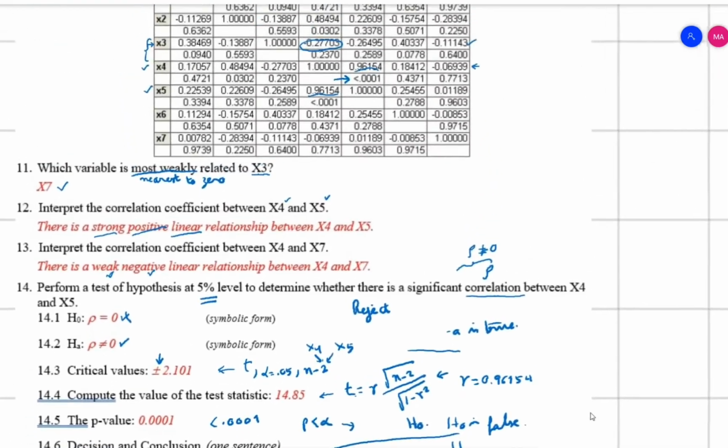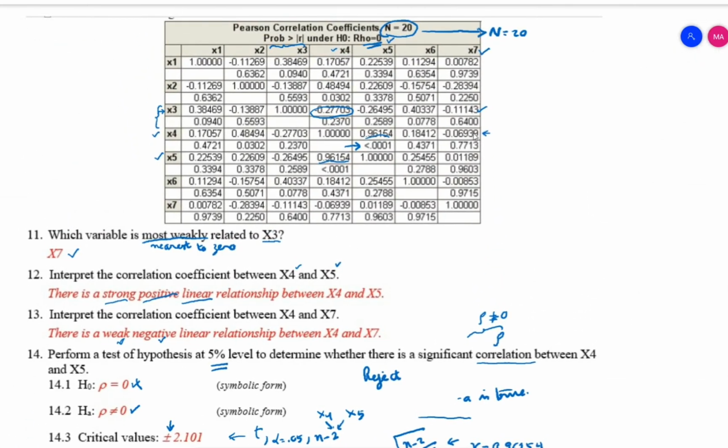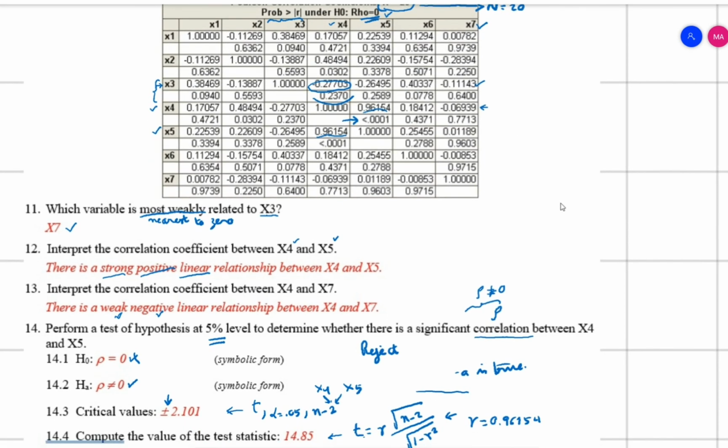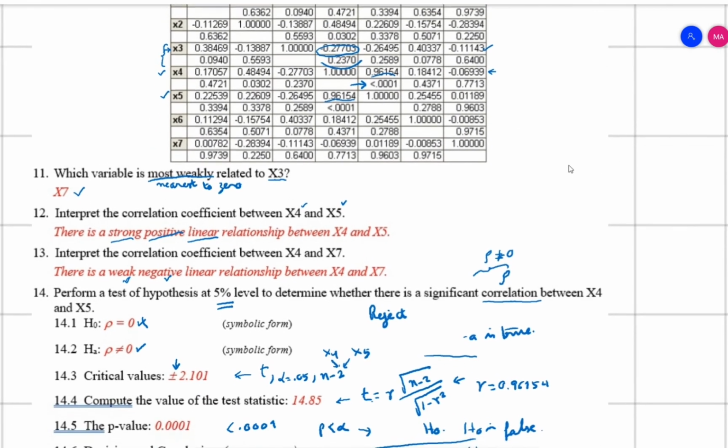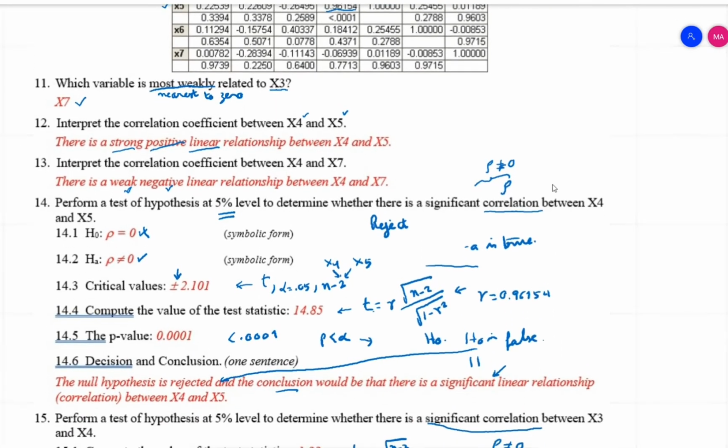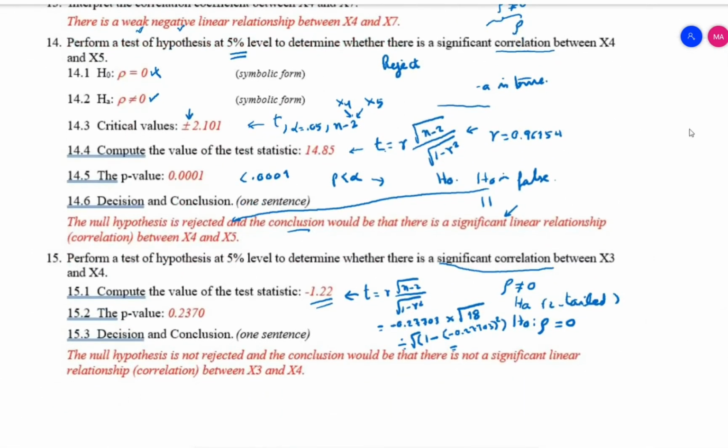The p-value you read in the table, for X3 and X4, the p-value is 0.2370, the two-tail p-value. If you do a one-tail test, you must divide it by 2. Now there is no need, 0.2370. Therefore this is correct. The p-value is not smaller than alpha, therefore H0 is not rejected.